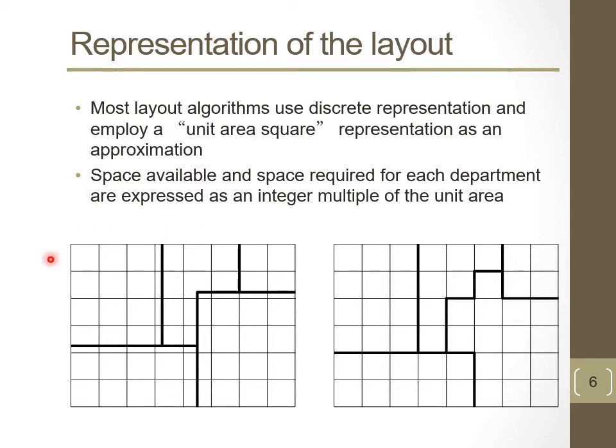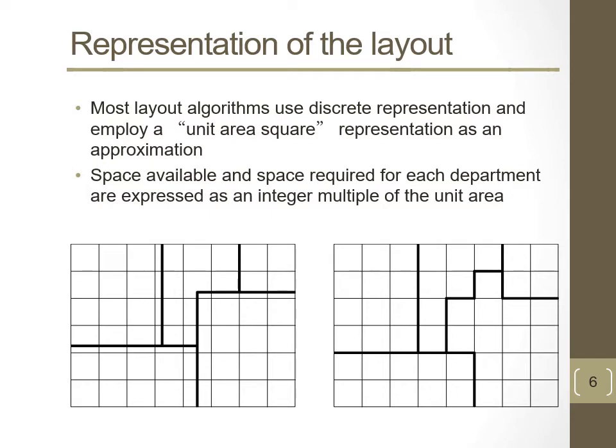Let's consider this. If the actual size of this department is like this, and we use such a unit area square, then you see that there is a small region over here which does not coincide with the border of the department. And similarly here, you see this small area does not coincide with the border of the department.